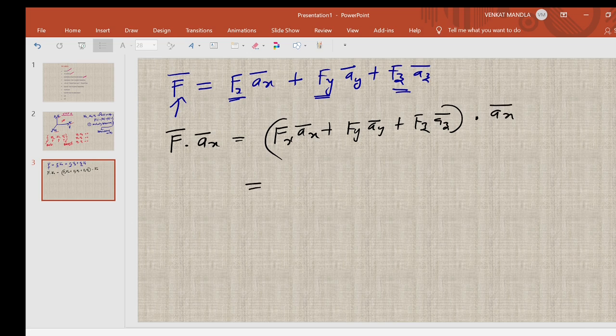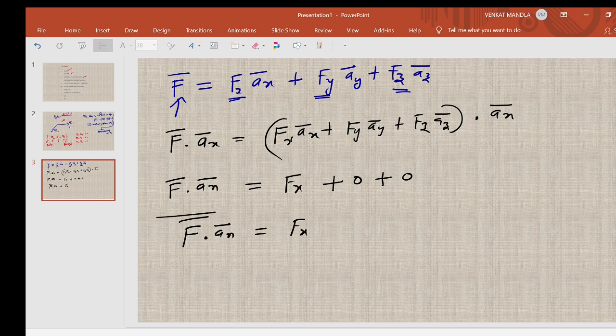Then ax dot ax is 1, that is fx, plus ay dot ax is 0, az dot ax is 0. This is f bar dot ax. You will get fx. So to get the x component of f bar, we need the dot product with ax bar.